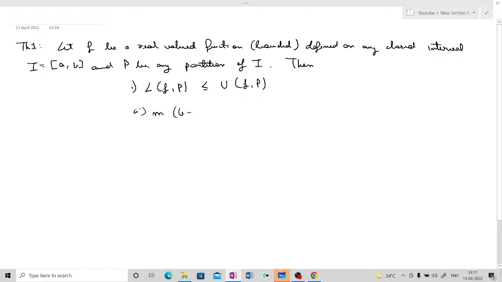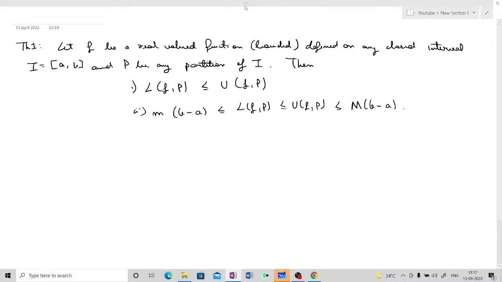Given m as the greatest lower bound of the complete function, m times (b minus a) is less than or equal to L(f, P), which is further less than or equal to U(f, P), which is further less than or equal to M times (b minus a). Okay, so this is the theorem we have, and we will be proving this theorem.